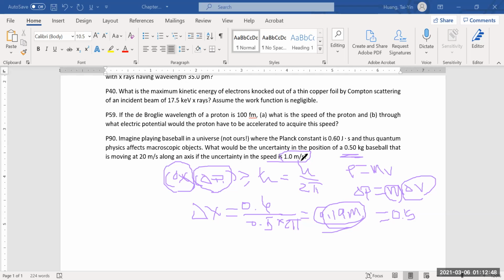If you play baseball and there's uncertainty in the speed, then you can't pinpoint where the ball will land; it is subject to this uncertainty. Okay, so these are the problems we went over in chapter 36.